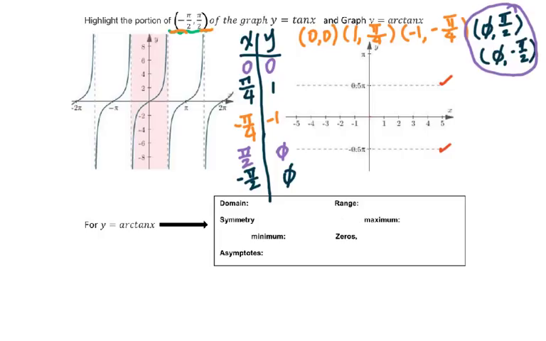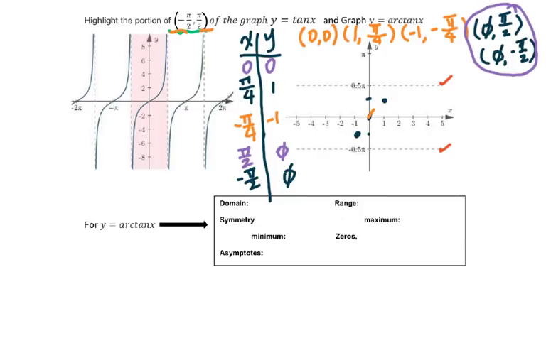Now we plot the points 0, 0. For 1, that's pi over 4. It's here. Negative 1, negative pi over 4, that will be here. This is the one. So we connect these points, make sure very, very close to asymptote line but never touch.